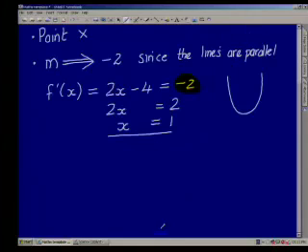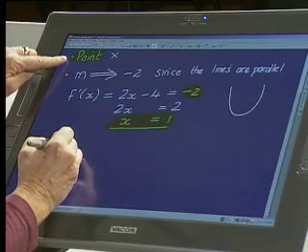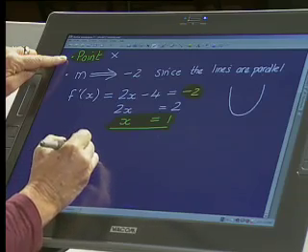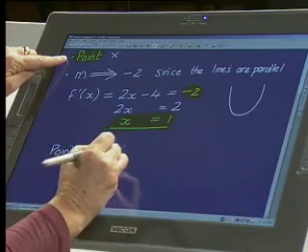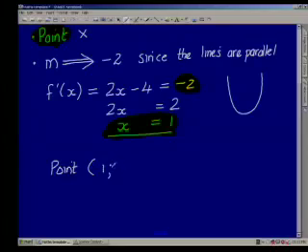Now, can you see that that's what is now aiding me to find my point? Because it's telling me that it's happening at x is 1. So, what am I needing? I now need that my point is 1. But what did I do last time in order to complete my point? I needed to find the corresponding y value, which means that I need to take my equation.